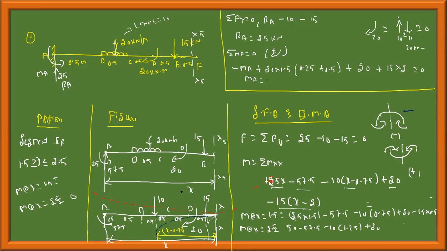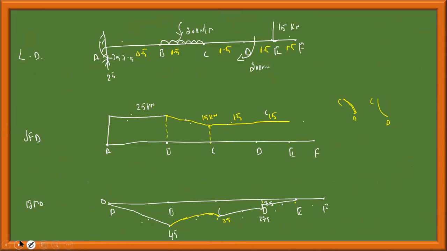Okay, got it? This is 1.5 minus 2, which will be equal to minus 0.5. You have made this mistake, right? Check it out. Now, shear force is 0 within the region 1.5 to 2.5.